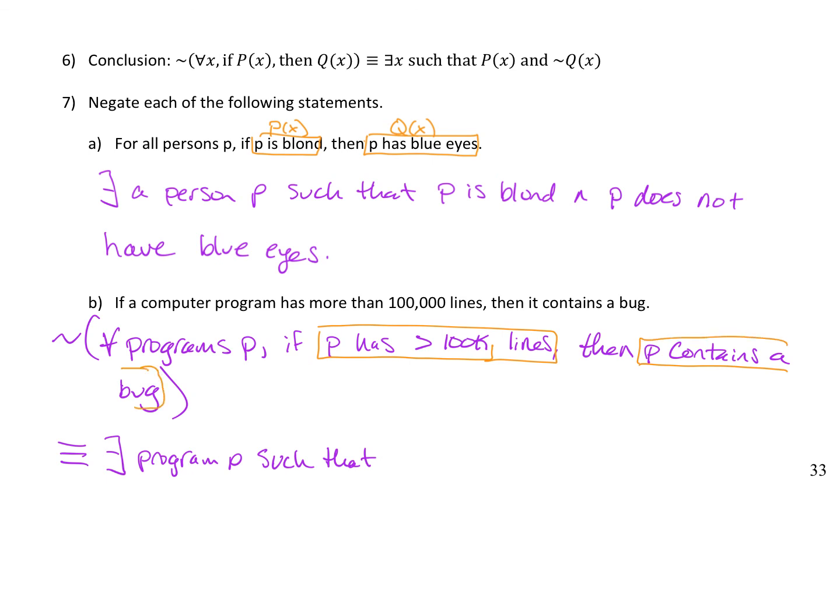So I have to do p of x and not q of x. So such that P has greater than 100,000 lines and P does not contain a bug.